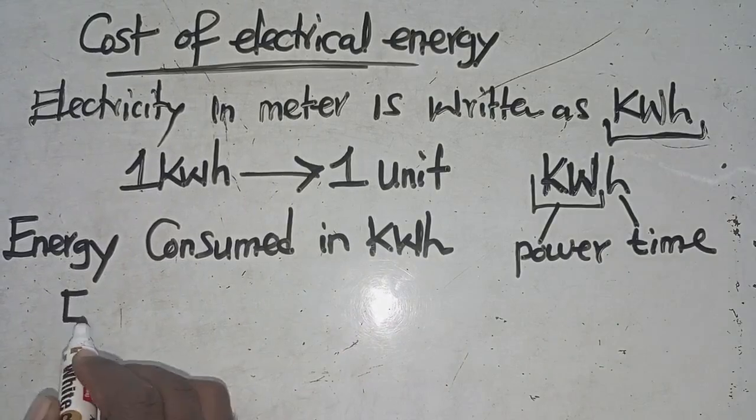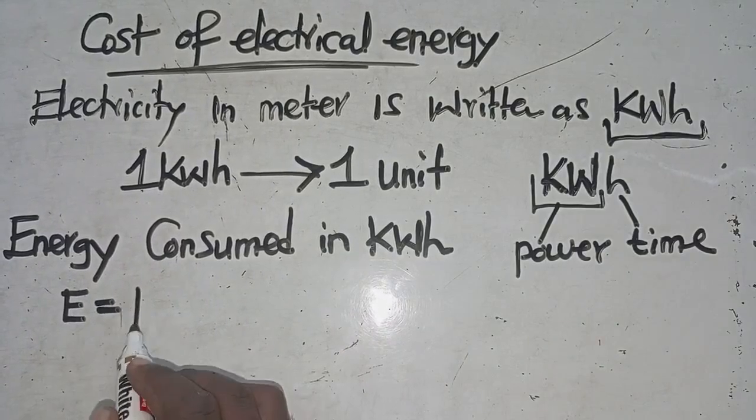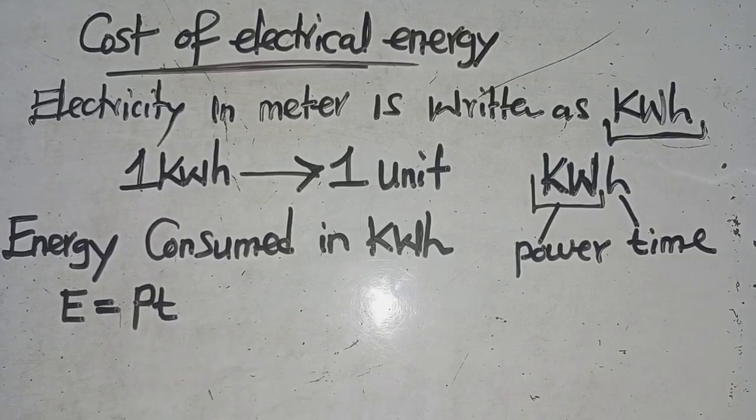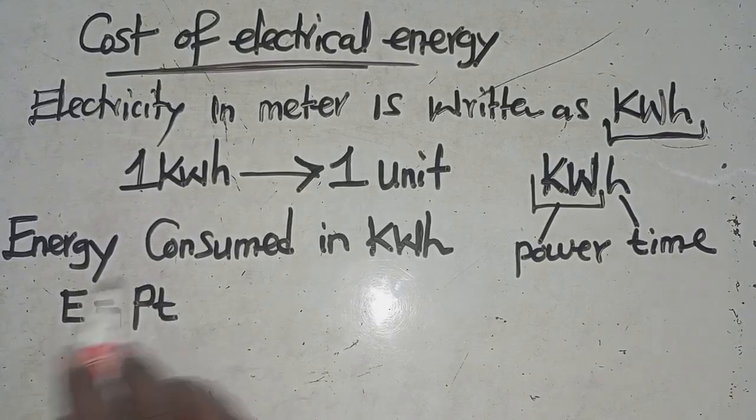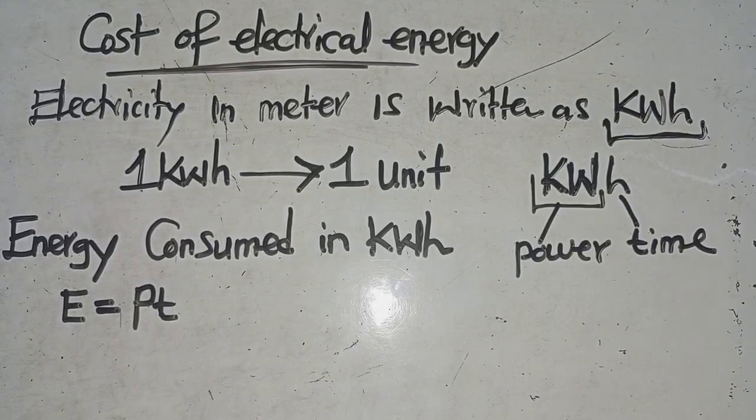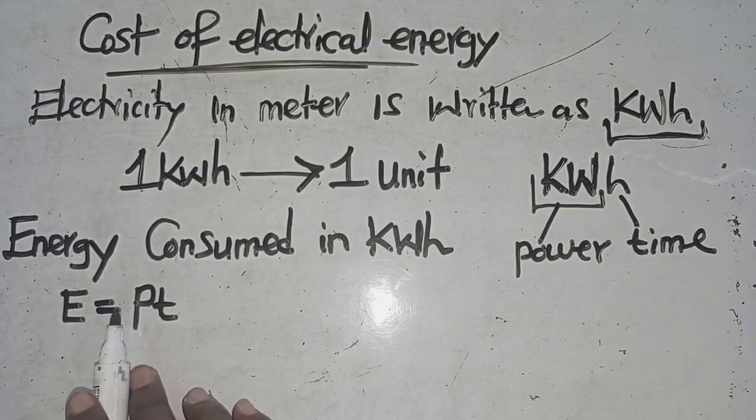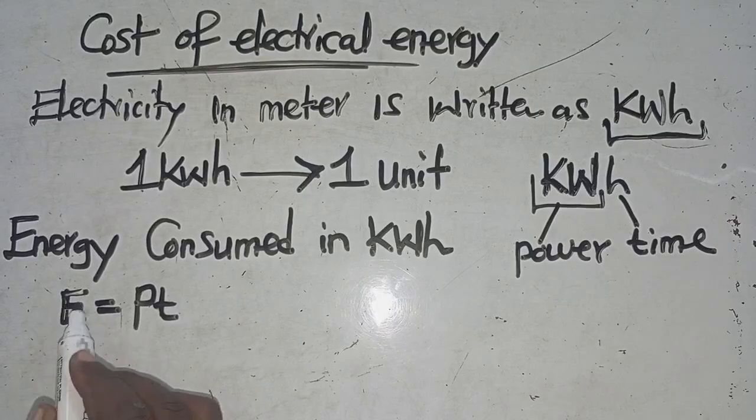We say electric energy is equal to power times time. This is the formula we're going to use, and I gave you this formula when I was just starting this. I guess you remember it. This is the electric energy.